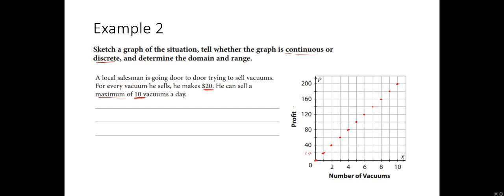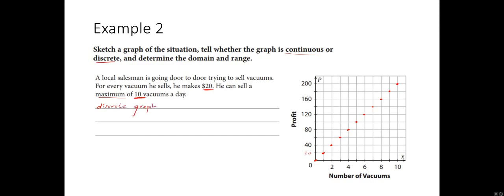That's because he can't sell 1.5 or 1.33 or 1.2. It's got to be natural numbers. Nobody sells 1.34 of a vacuum. Either you sell 0, 1, 2, 3, 4, 5, or all the way up to 10, right? So if you just look at it, we just got a whole bunch of points. That is because this is a discrete graph.